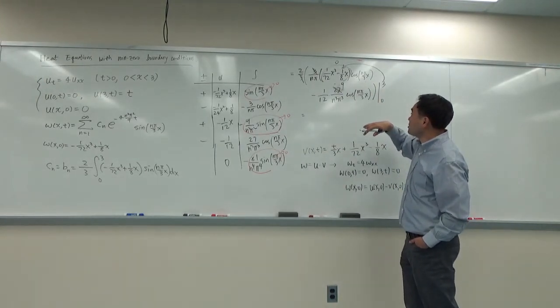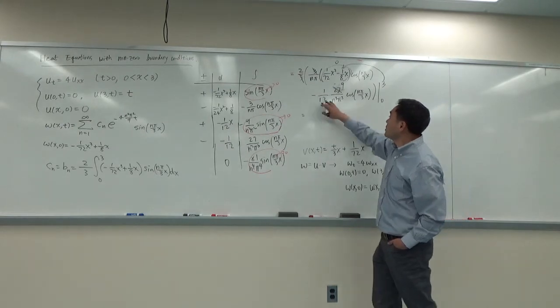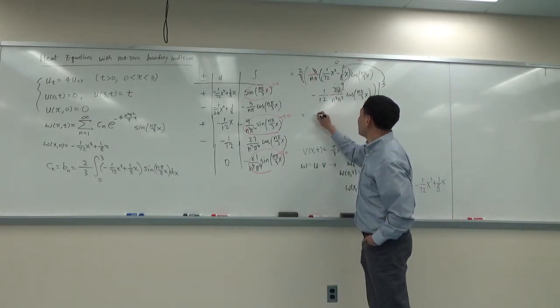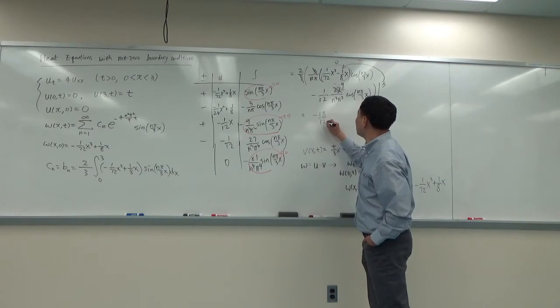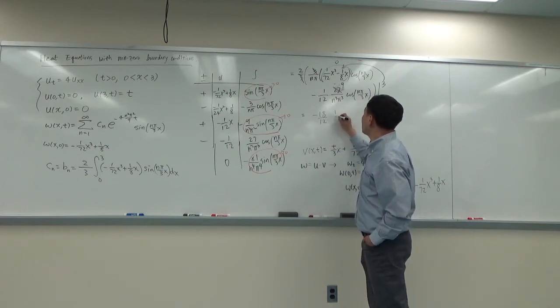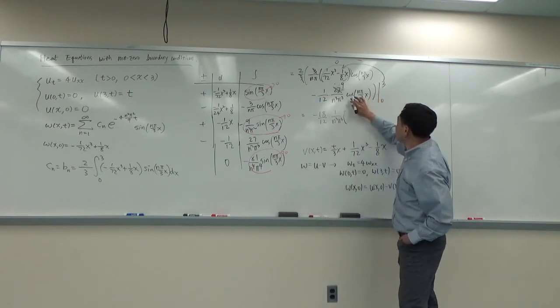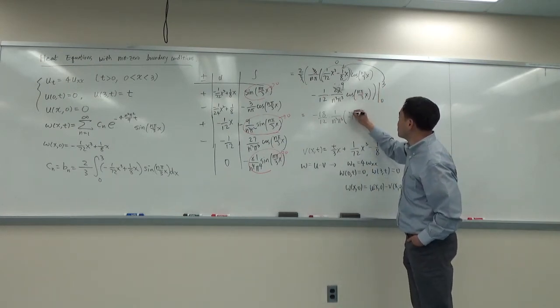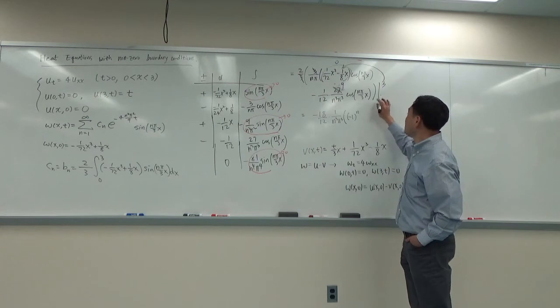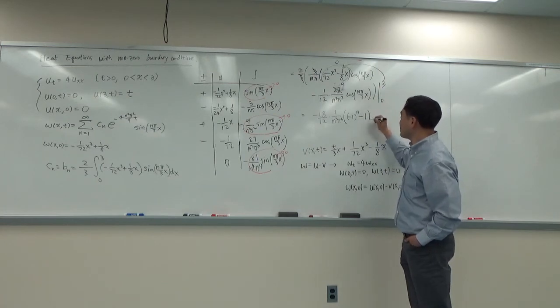So that's all good. And then you end up with 2 times 9, which is negative 18 over 12, times 1 over n cubed pi cubed. And then when you plug in 3, it's cosine n pi, which gives you negative 1 to the nth power. And then when you plug in 0, you get 1, so it's like that.